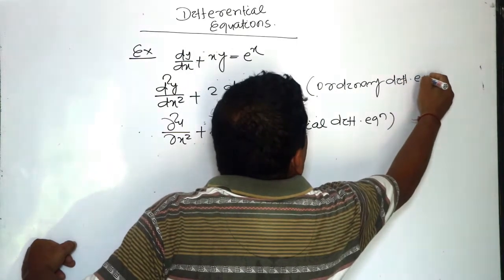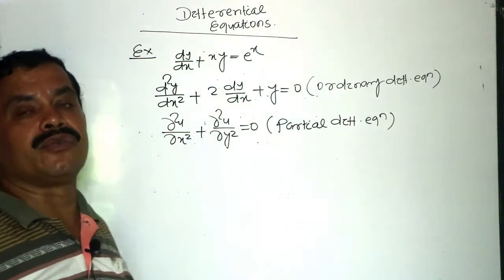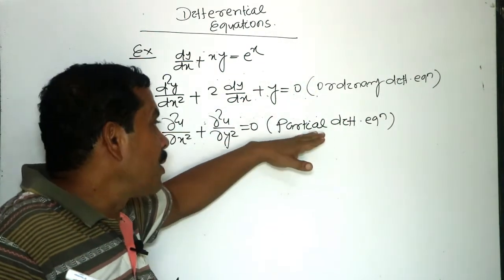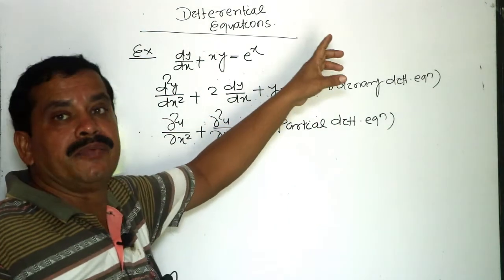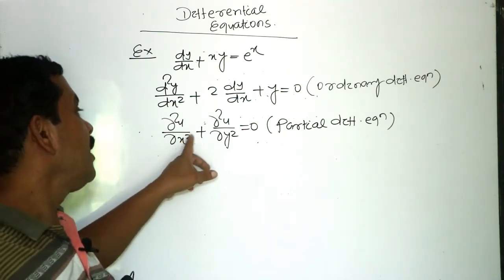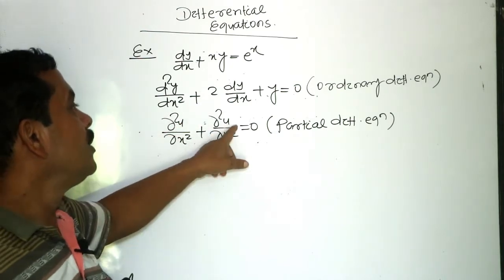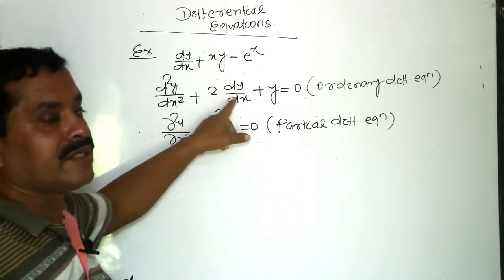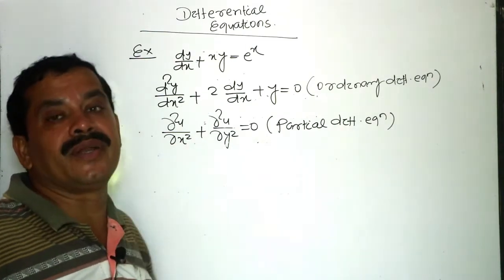Our course is concerned only with ordinary differential equations. We shall discuss only ordinary differential equations, not partial differential equations. Our course involves ordinary differential equations, meaning there is only one independent variable. Here there are two independent variables x and y, and the dependent variable is u, but here the dependent variable is y and the independent variable is x. So this is an ordinary differential equation and this is a partial differential equation.